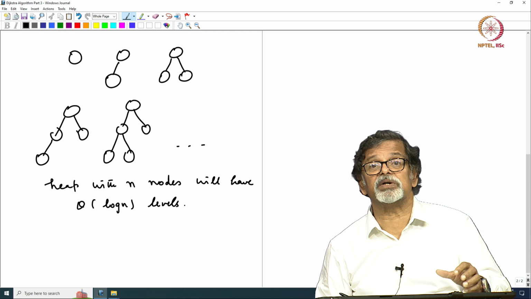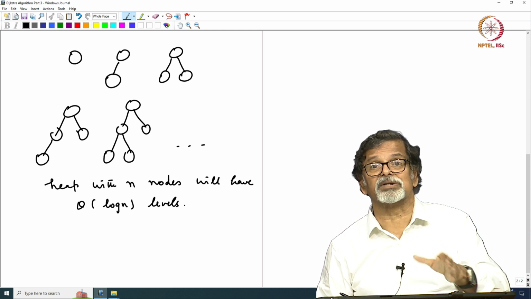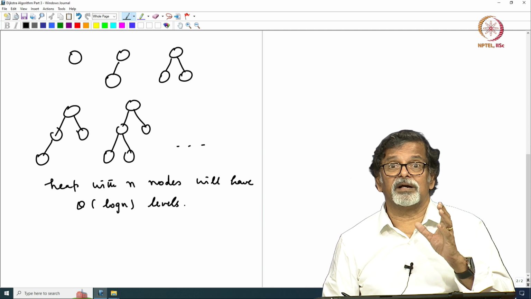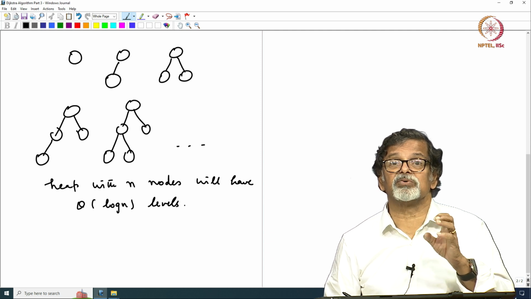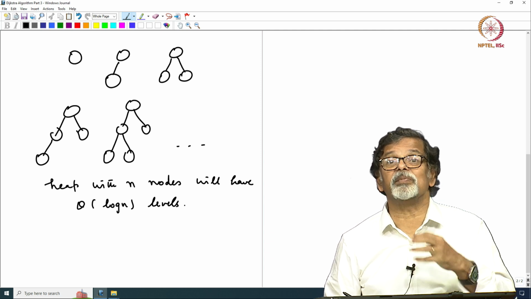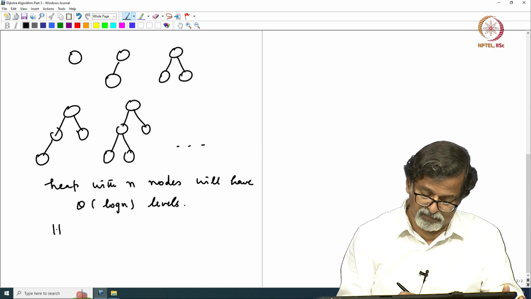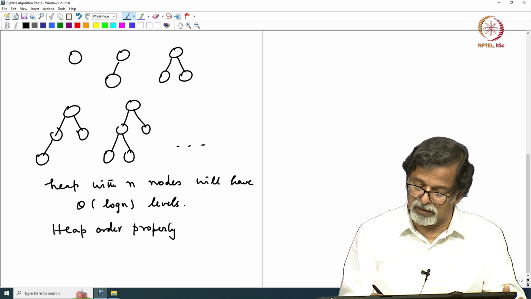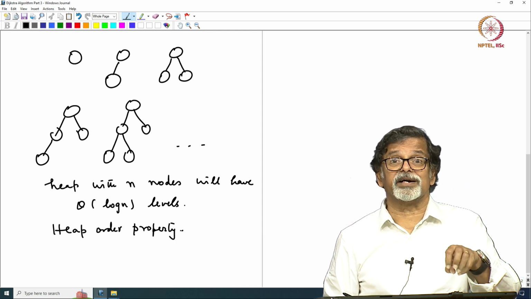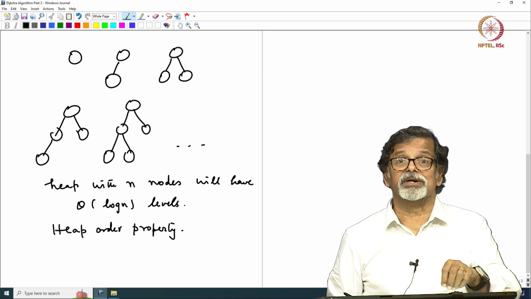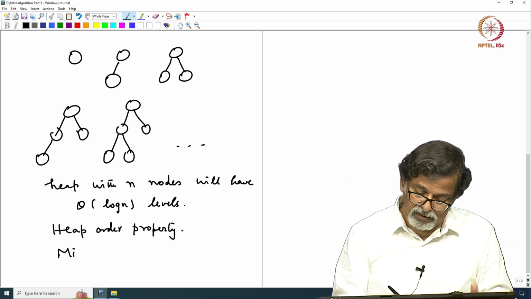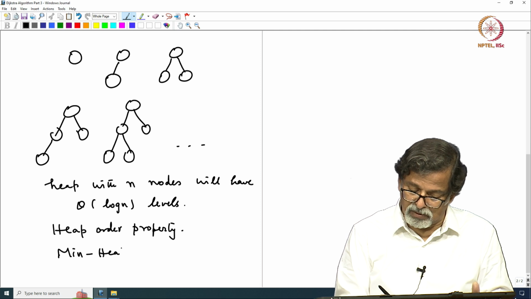The way in which we are going to store the values, the numbers, they are said to satisfy what is known as the heap order property. Since we are interested in obtaining a minimum and deleting a minimum, we will have what is known as min heap order.